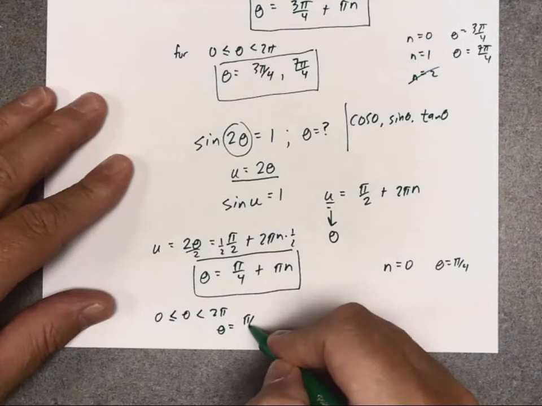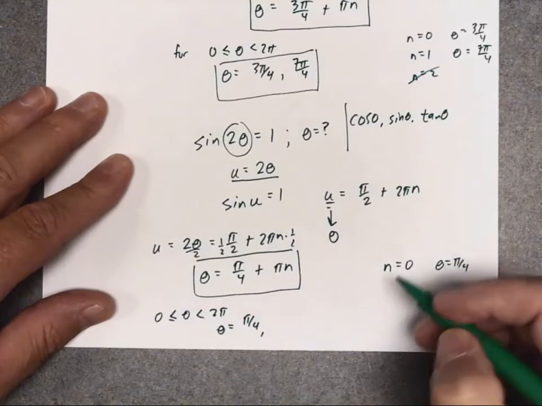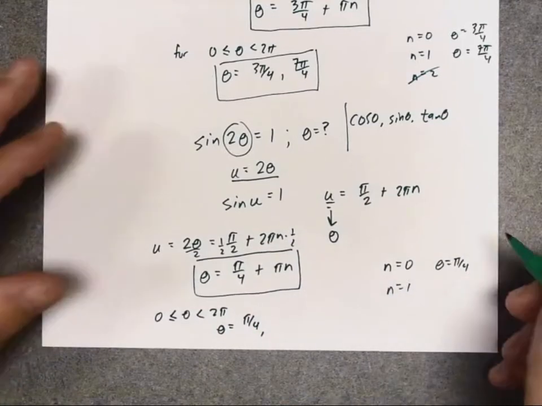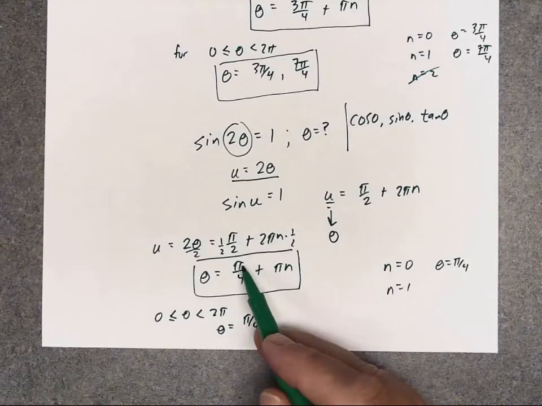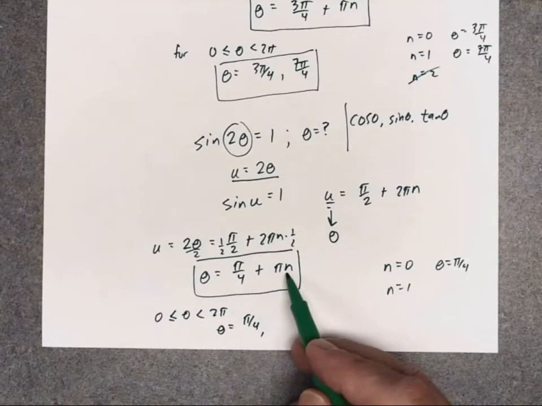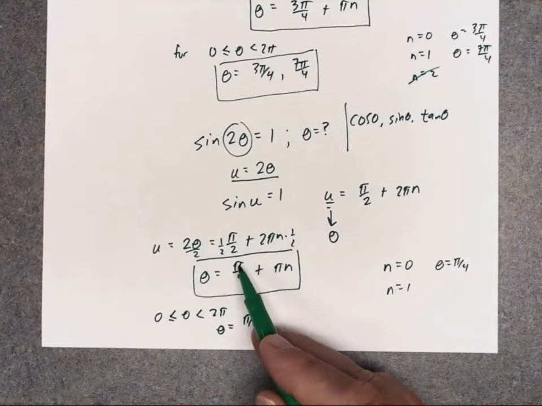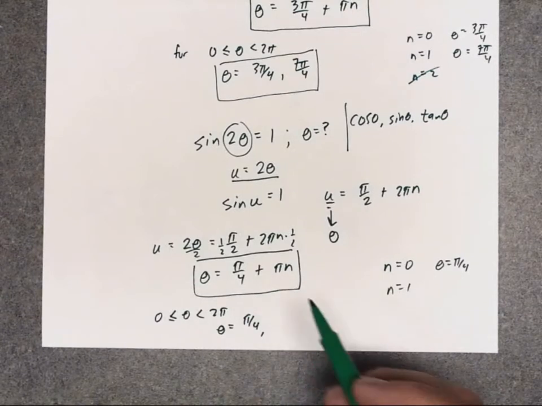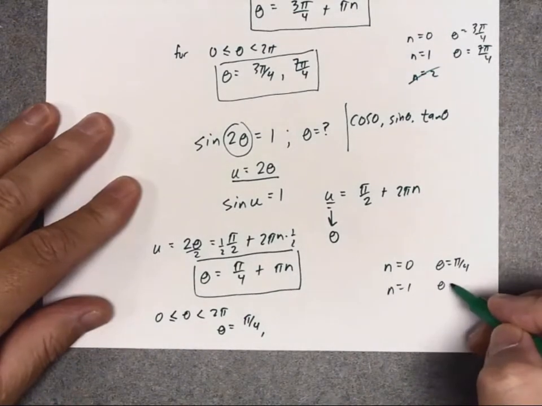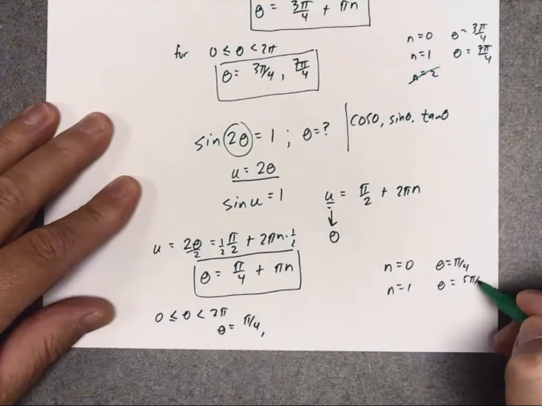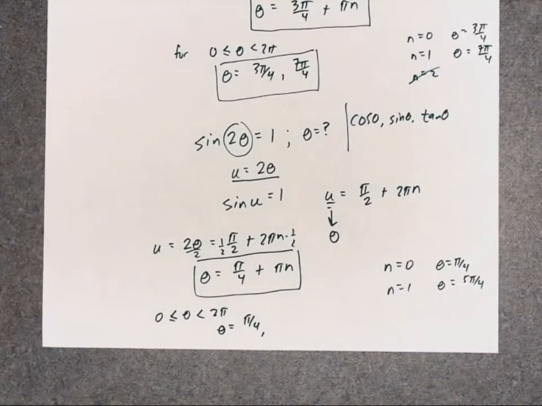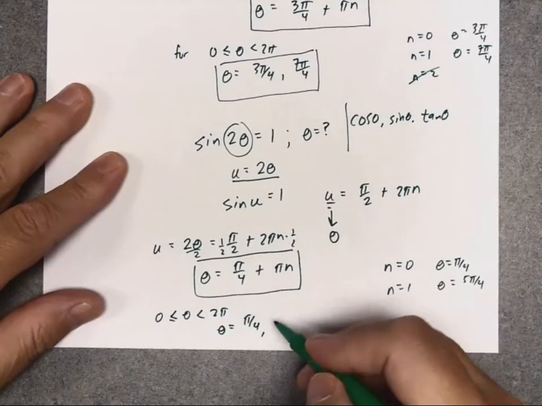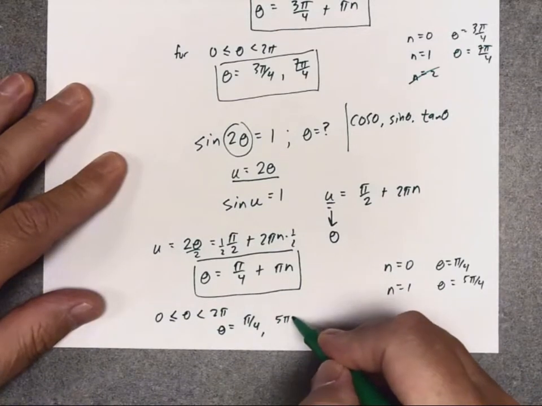So I say, well, that's a solution. Now how about when n is 1? When n is 1, we've got pi over 4 plus 4 pi over 4. It would be 5 pi over 4. Is 5 pi over 4 less than 2 pi? Yes, it is. So that's also a solution.